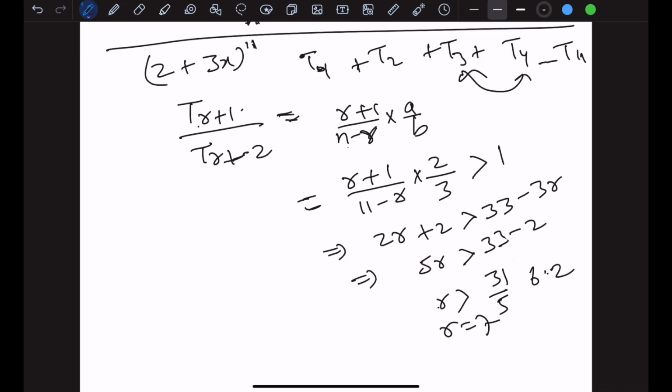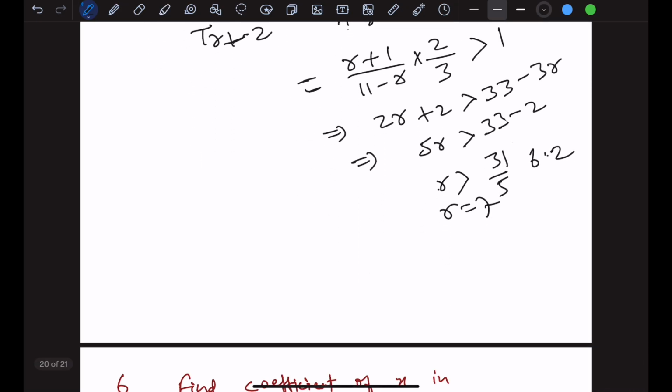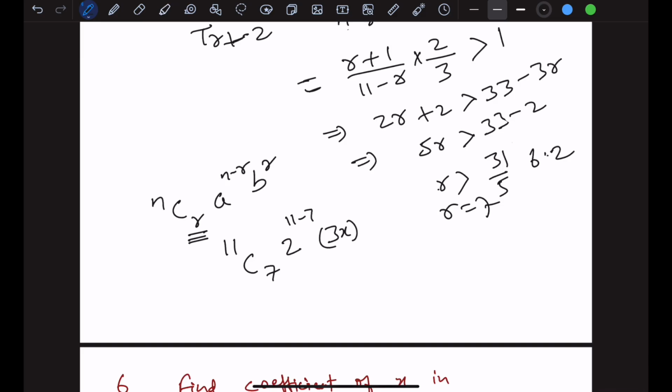If R is equal to 7, that means in our expansion, what was R? In our expansion, it was NCR, A to the power N minus R and B to the power R. So this R has to be at least 7. When we put R equal to 7, we have 11C7, A is our 2 to the power 11 minus 7, B is our 3x to the power 7.